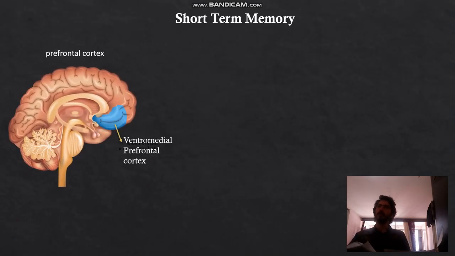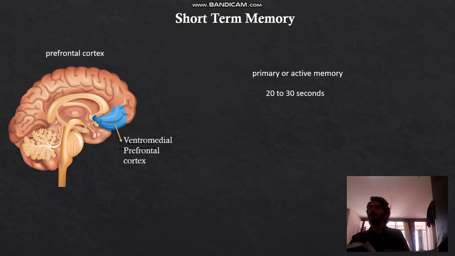Short-term memory, also known as primary or active memory. It's located in the frontal lobe and its duration is between 20 to 30 seconds. Although a lot of information tries to be transferred from the sensory memory, the capacity of short-term memory is limited to only 5 to 9 objects.